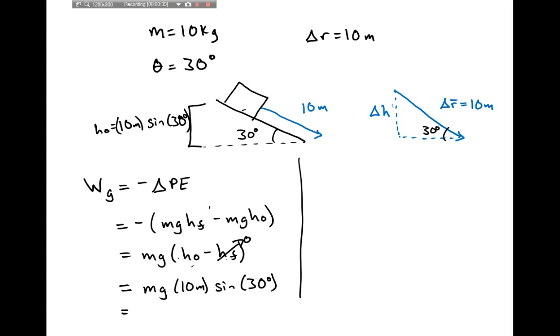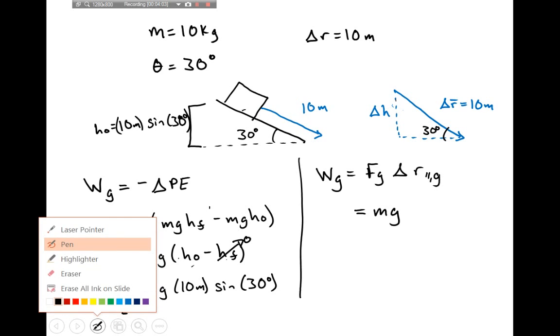So the work going down the ramp, one way we could calculate this is the force due to gravity times the component of my displacement that's parallel to the gravitational force. That's mg, and the gravitational force points down.